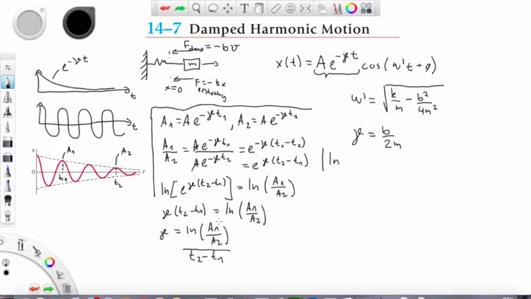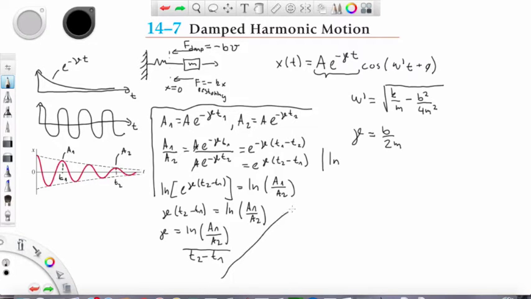You get slightly different results for the value of gamma depending on which peaks you pick and how accurately you measure their amplitude or the time between them. But no matter what peaks you pick, you should get results that are in the same ballpark.